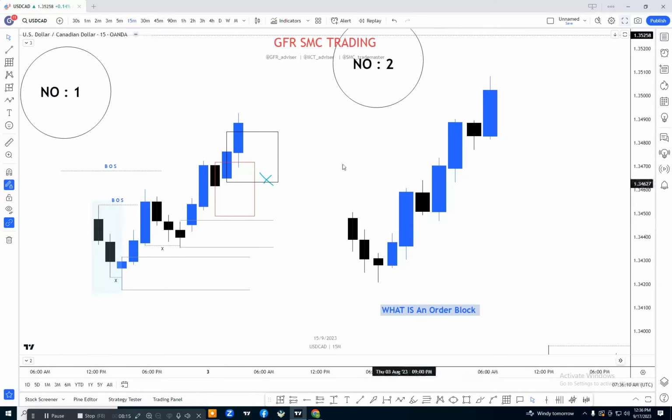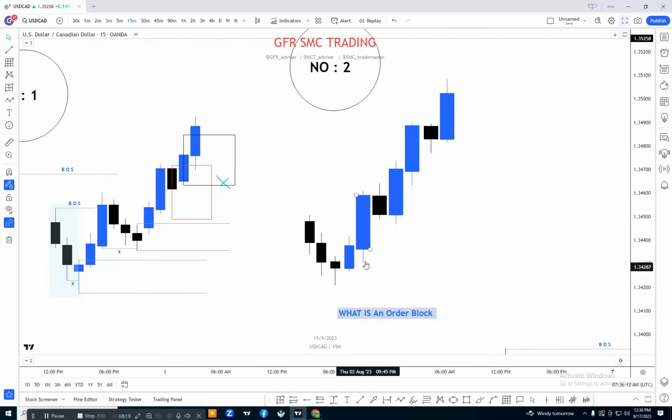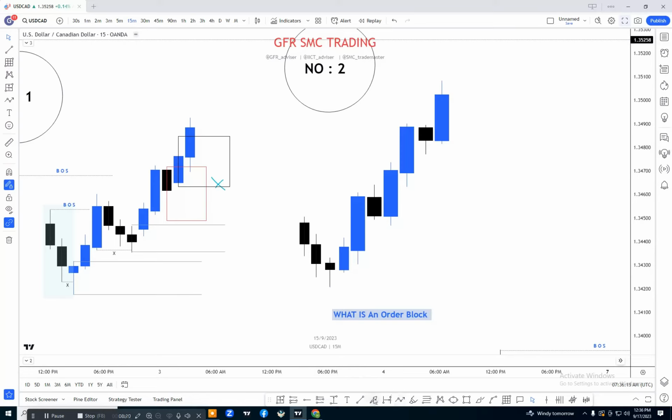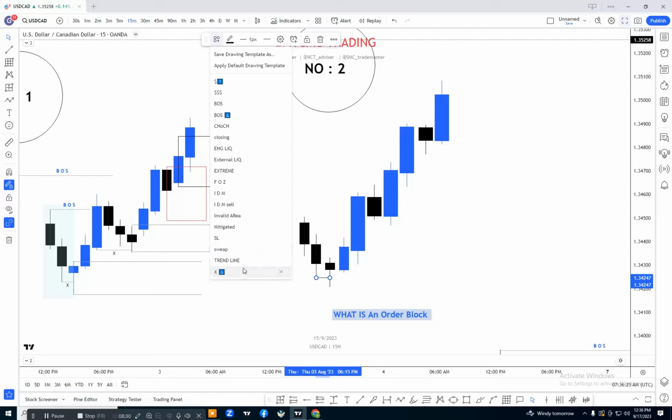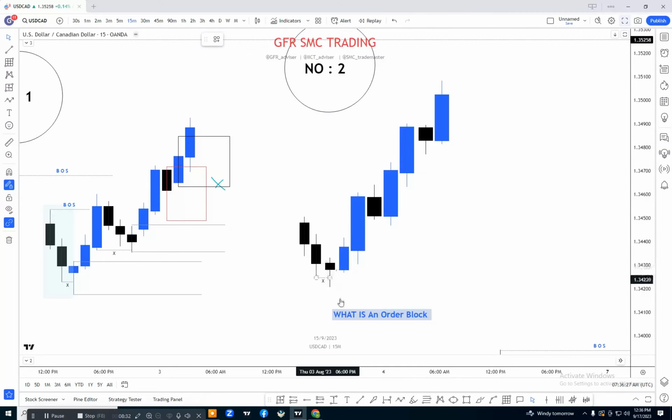Now switch to this diagram. The same thing will be applicable here. The last selling candle before the down move will be considered our bullish order block. Now this candle has successfully grabbed the left side liquidity here, so that candle will be our bullish order block. But what happened here? The market has already tested that candle with the third candle with this wick.